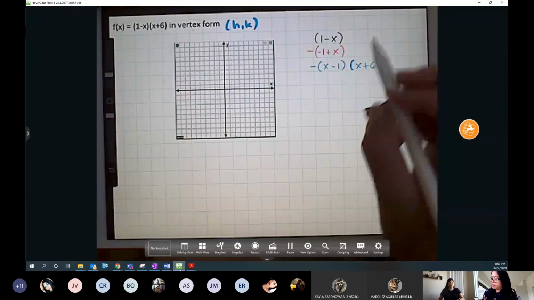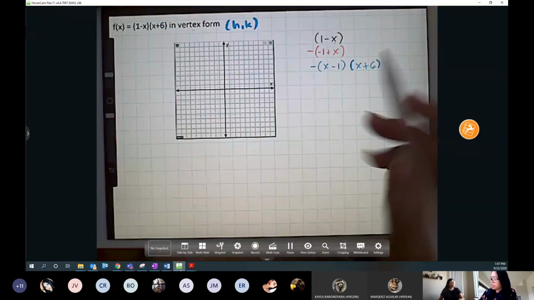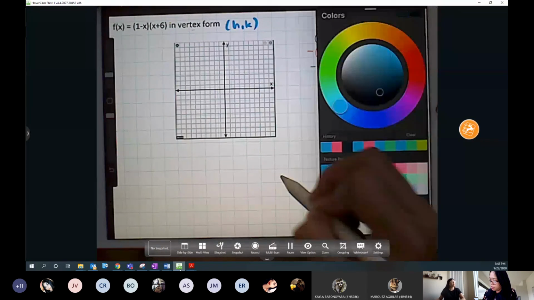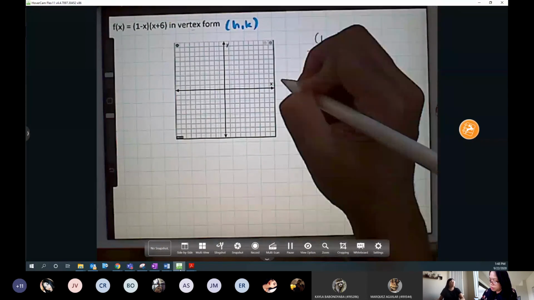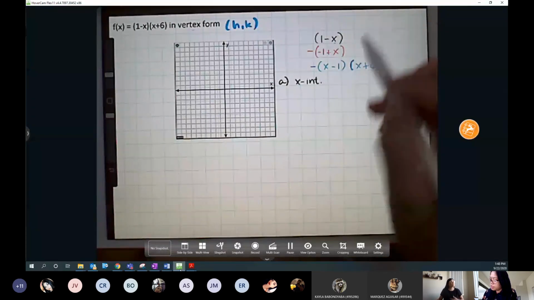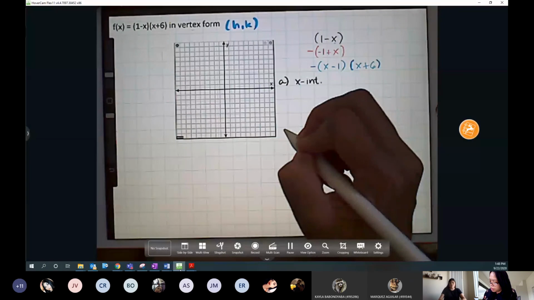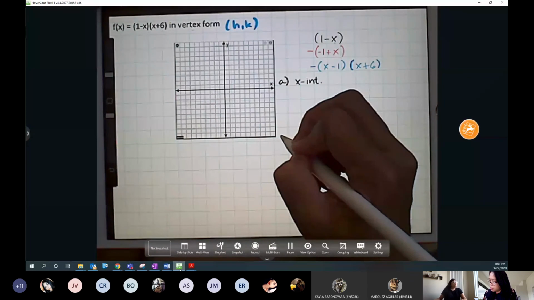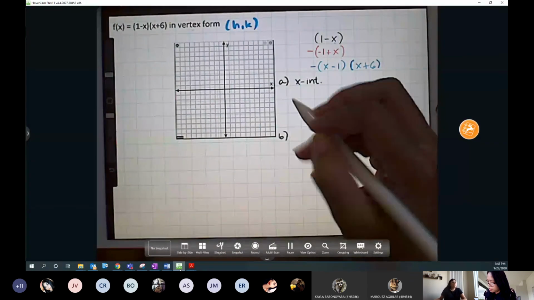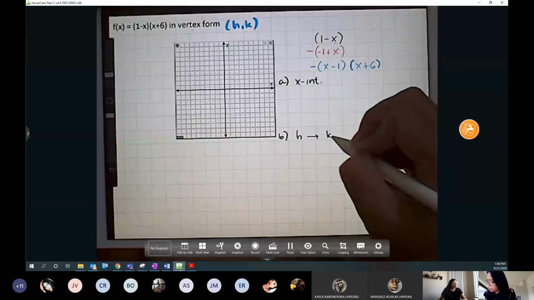Okay. So your parabola should be pointing downwards. And then the first thing you're going to do is get your vertex, from the x-intercepts. It's very easy. You have those two. And then once you have the x-intercepts, you're going to find the h, then find k.